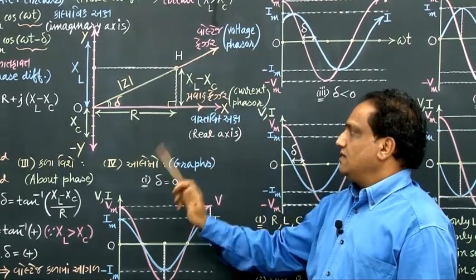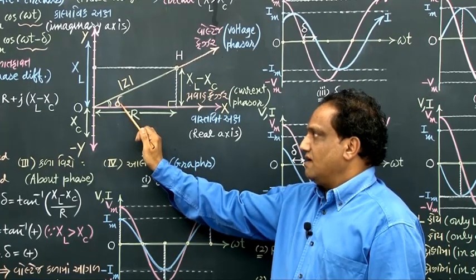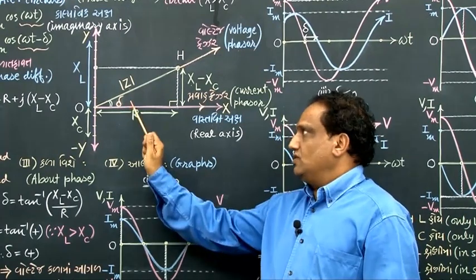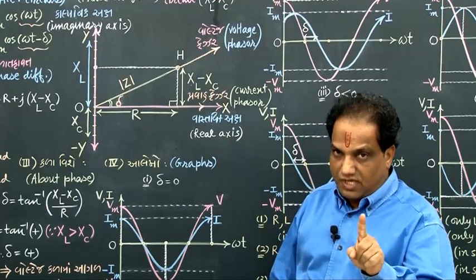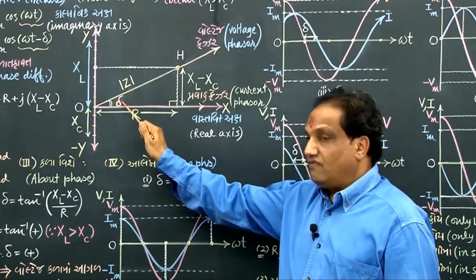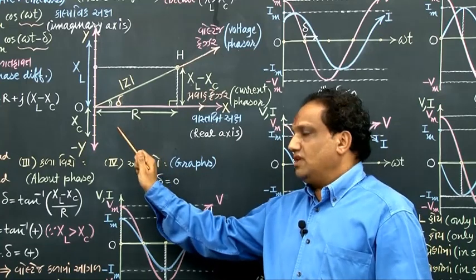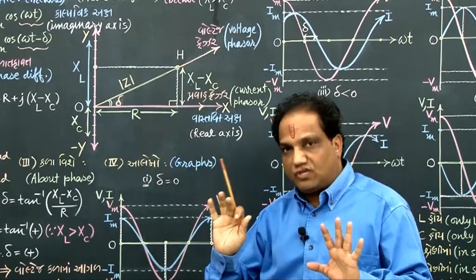This is the voltage phasor, this is the current phasor, and this is the phase difference between them, delta. When delta is positive, you must show it in the first quadrant. Whenever delta is negative, you must show it in the fourth quadrant. Right now it is in the first quadrant.